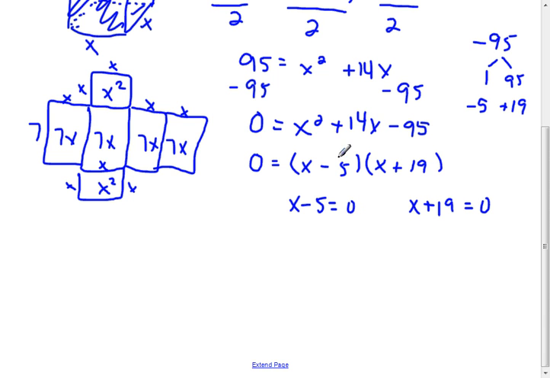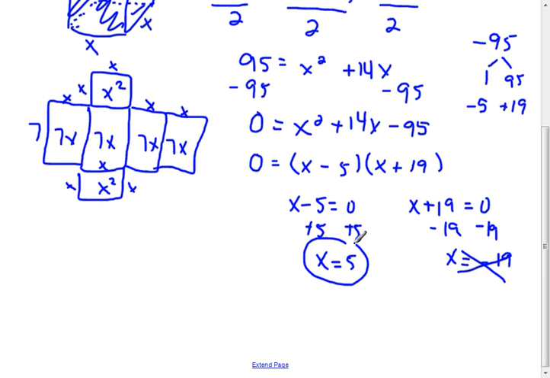So either this is 0 or this is 0. That's how we came up with these two equations. Let's add 5 to both sides to solve for this one. Here we get x equals 5. We'll subtract 19, and there we get x equals negative 19. So this is not going to be an answer. We're not going to have negative side lengths on this prism. So our answer is going to be 5.